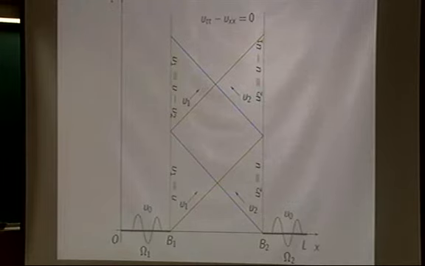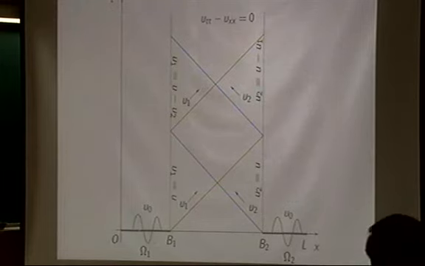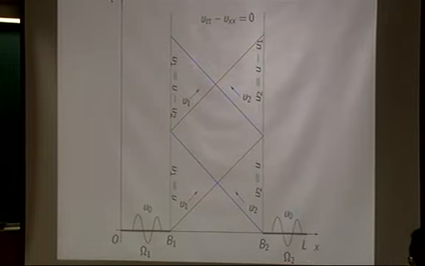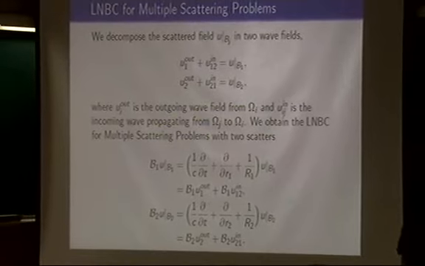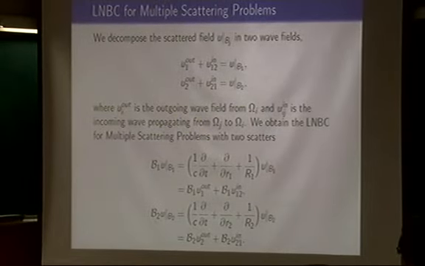So I will show you just one case. For example, you have two domains, omega 1 and omega 2. The wave propagates from omega 1, the red one, and then the wave propagates from omega 2 to omega 1, the blue one, and the wave propagates interactively, right? For this calculation, you need new boundary conditions.